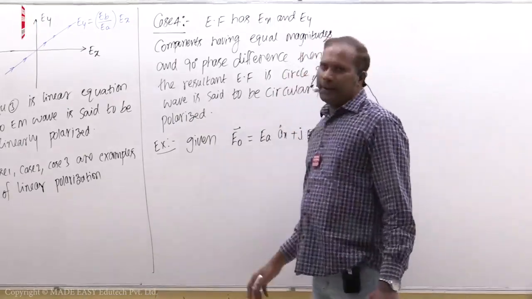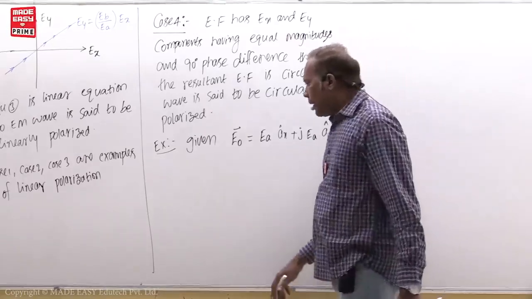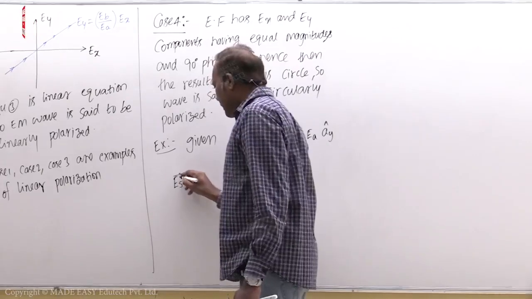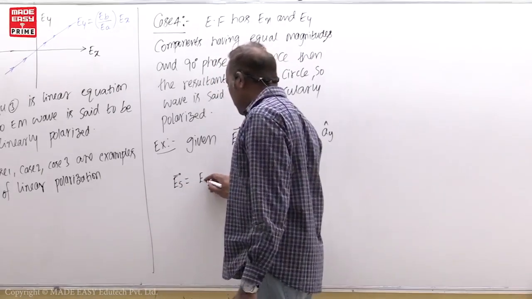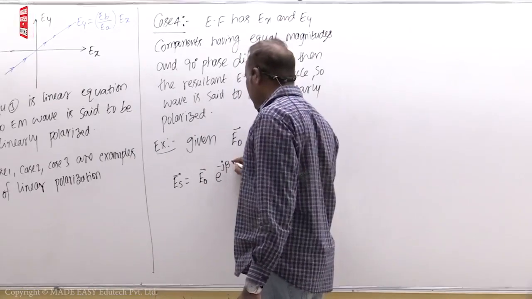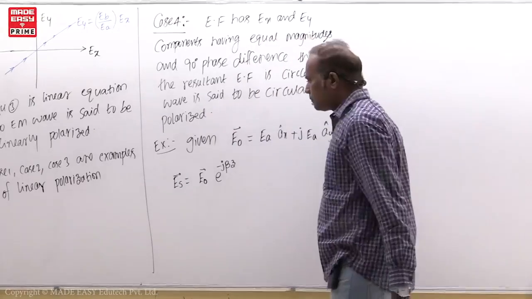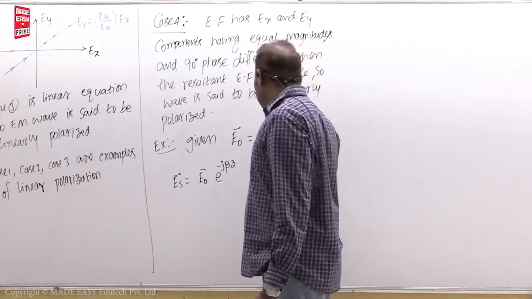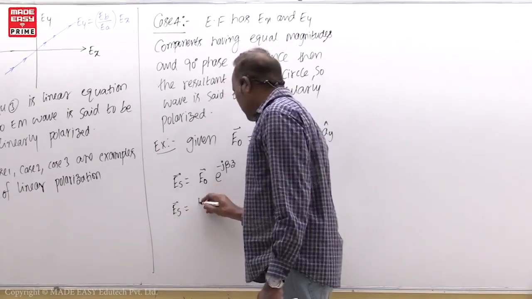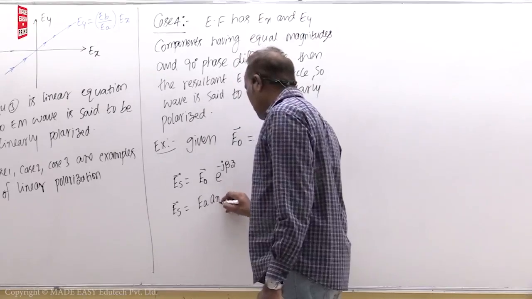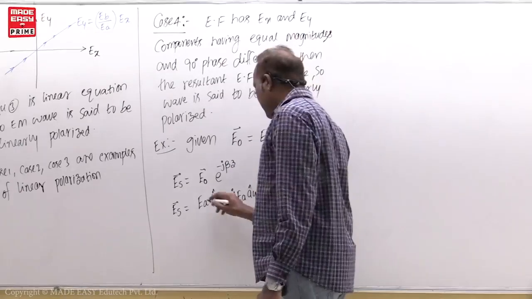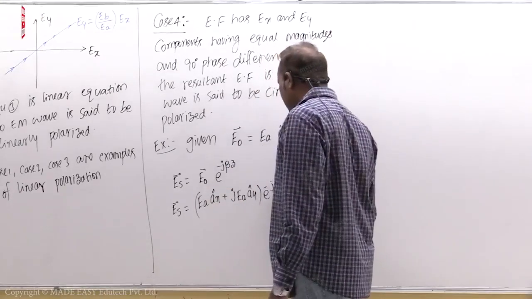Then how do you find the phasor? Like this you will find the phasor, students. So the electric field phasor is equal to E naught bar into e power minus j beta z. That is ES bar equal to EA ax cap plus j EA ay cap, e power minus j beta z.